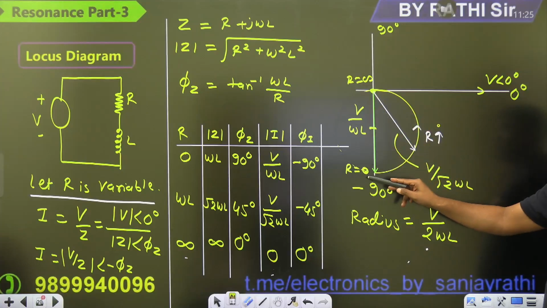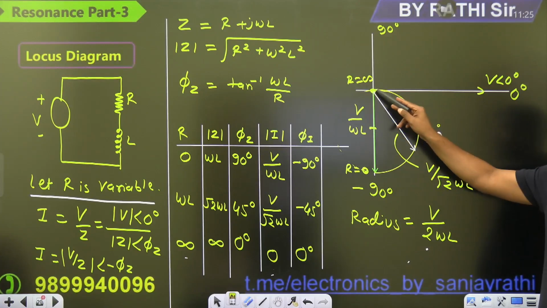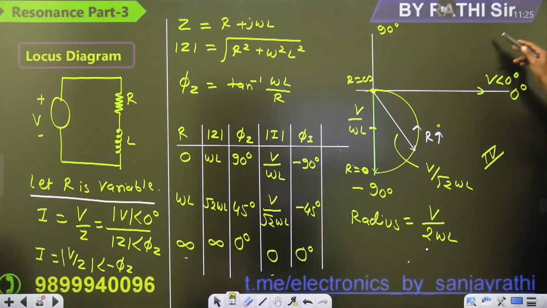When R is 0, it is purely inductive, so it will vary by 90 degree. When it is purely resistive, it will vary by 0 degree. Current lags the voltage. It is an RL circuit. In an RL circuit, it is in the fourth quadrant. In an RC circuit, it is in the first quadrant.